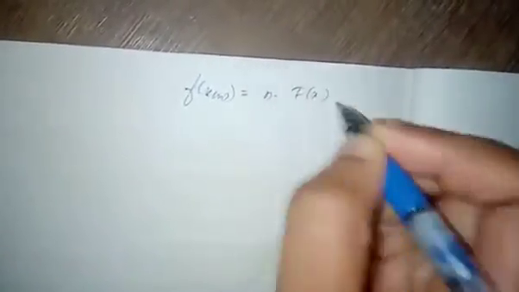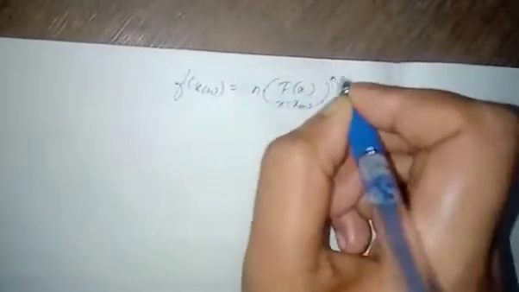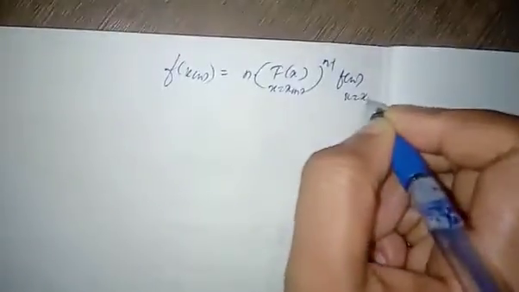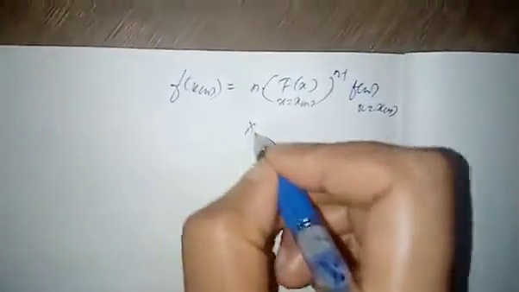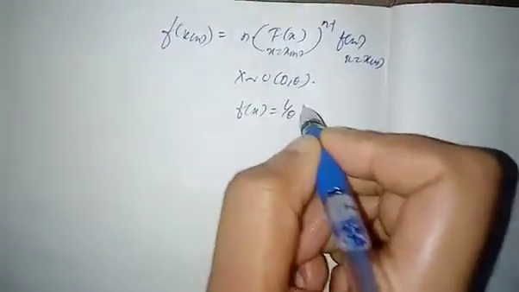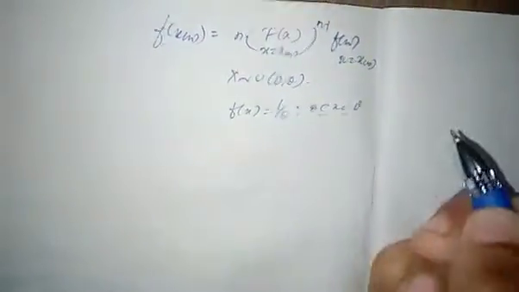You know that the density of the nth order statistic is n into capital F of x, where x equals xn, power n minus 1, times small f of x, where x equals xn, right? Here x follows uniform 0 comma theta, that is small f of x equals 1 by theta, where 0 less than x less than theta, right?